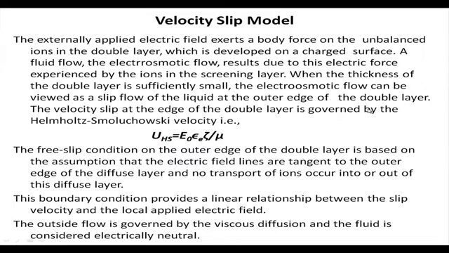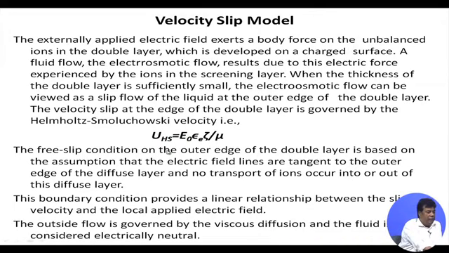Velocity at the edge of the double layer is governed by the Smoluchowski velocity, E0 epsilon zeta by mu. Now, the sign is inside the zeta, so if it is negatively charged, we can take minus zeta or plus zeta, whatever.